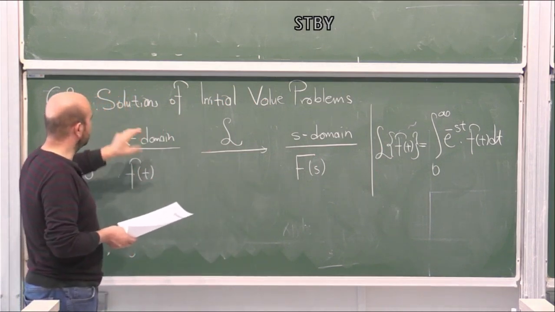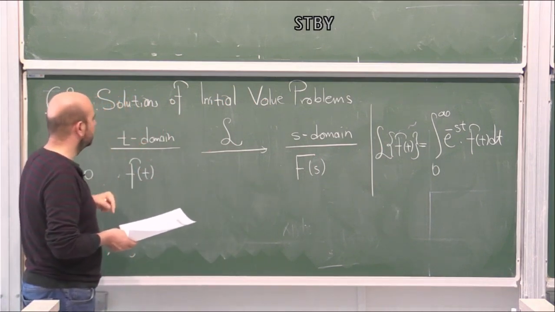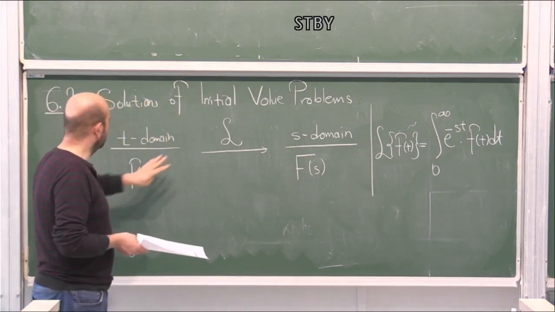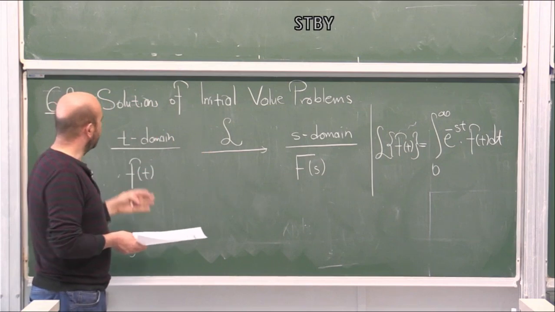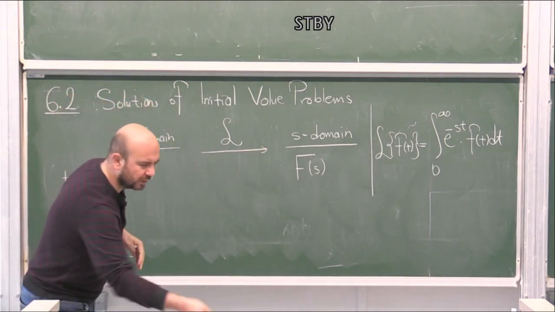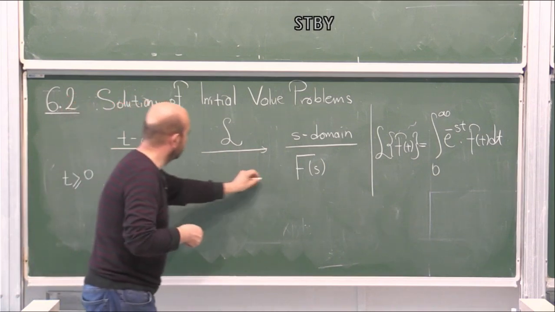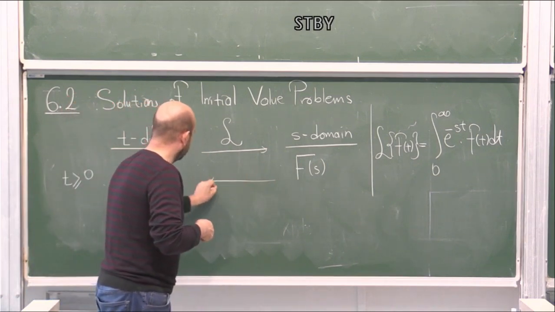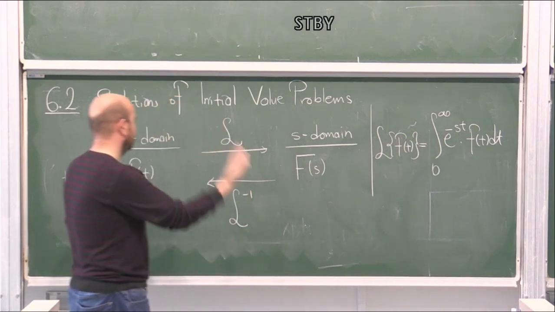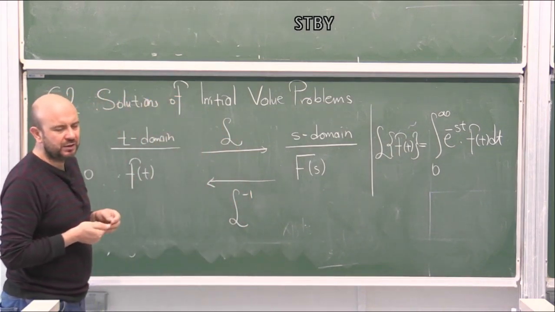And that's what we said in the last 10 minutes of the previous lecture. So Laplace is linear, and so it's a linear operator. Then we can talk about the inverse of this linear operator, which will go back this way. Since L is linear, its inverse will be a linear operator.